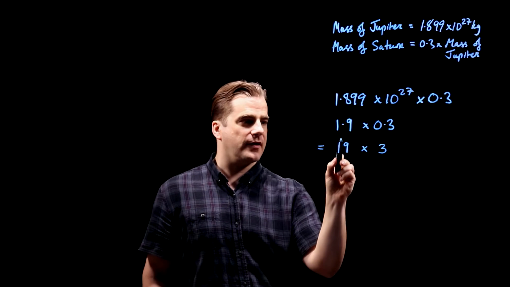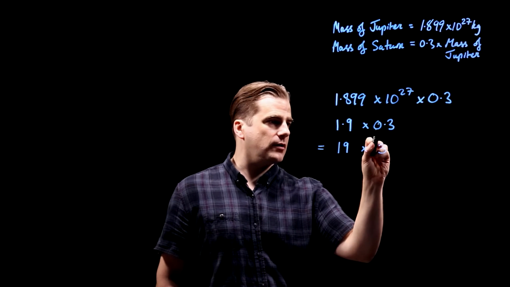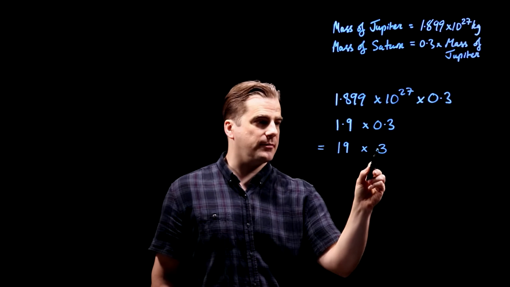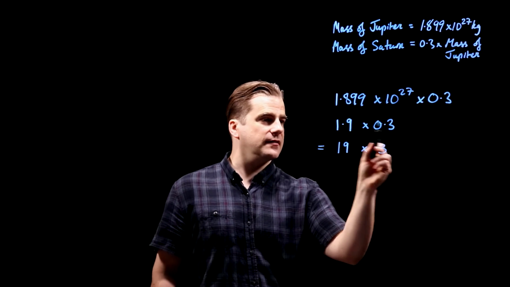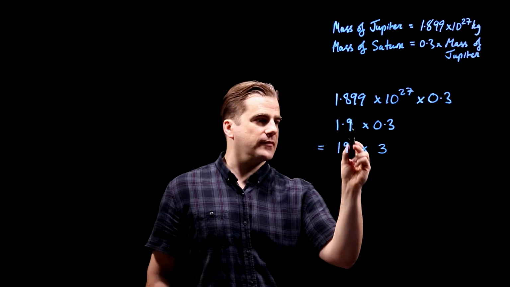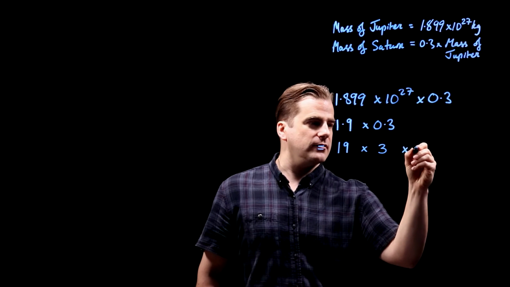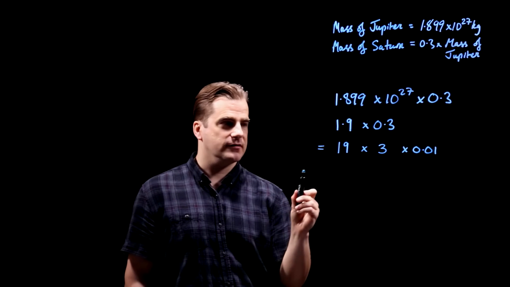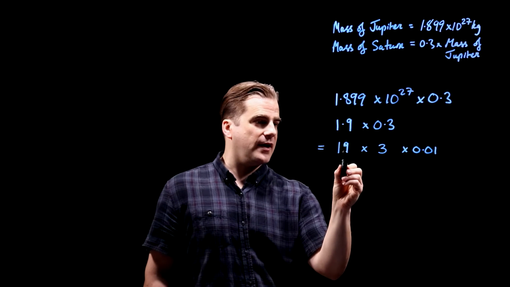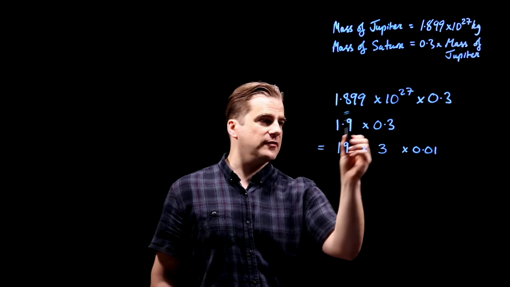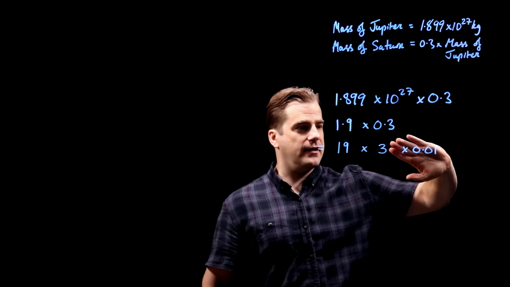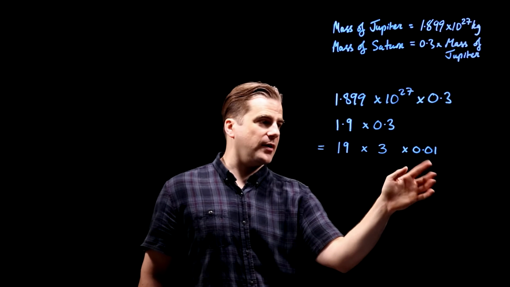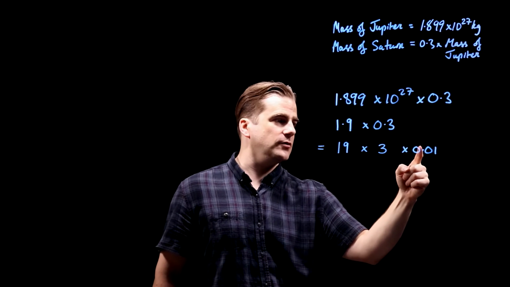Okay, we multiplied that by 10. And the same here, going from 0.3 to 3, we moved the decimal 1 position. We multiplied by 10. So that is equal to that times 0.01. Because we multiplied that by 10 and that by 10, so overall we multiplied by 100. So we have to divide by 100, which is the same as multiplying by 0.01.